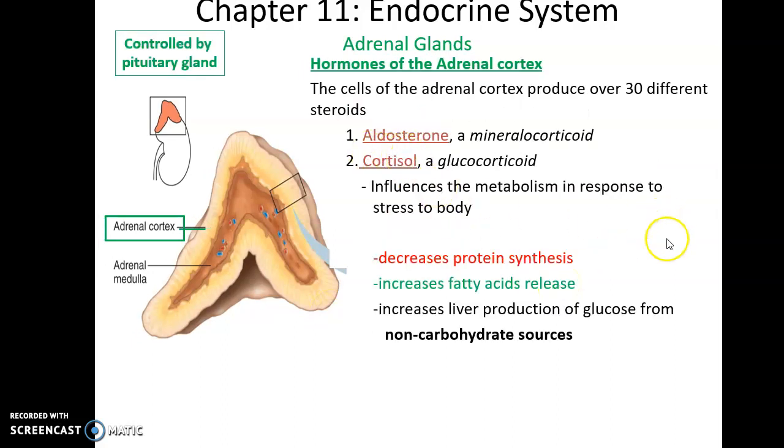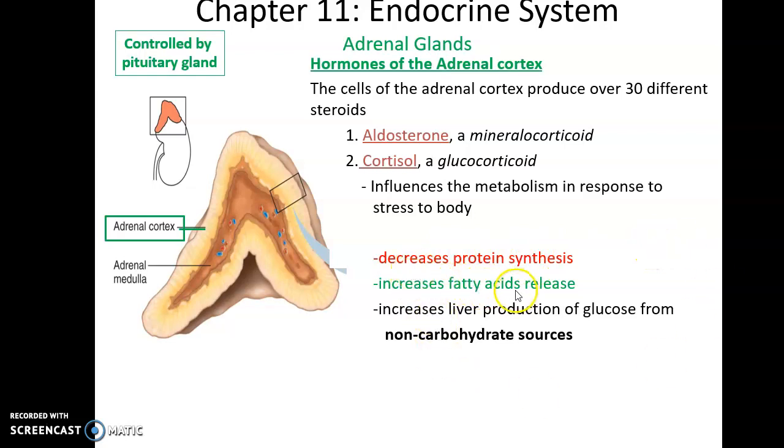Then there's cortisol. Cortisol falls in the glucocorticoid category. Gluco for glucose. So cortisol influences metabolism in response to stress. When the body is under stress, cortisol is released and does a lot of things. It decreases protein synthesis, so fewer proteins are produced.